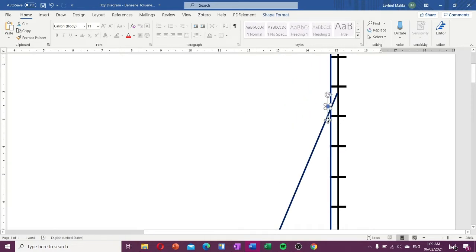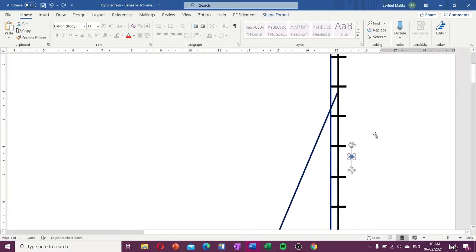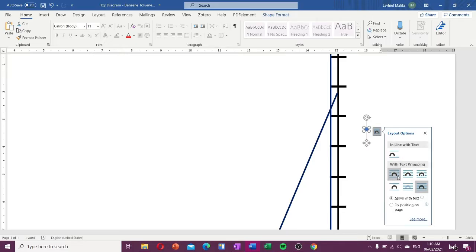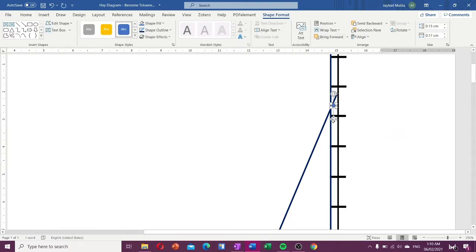This is your delta E min. I think this is located, okay, I need to place it at the front. Yeah, it's already at the front. Bring forward, so that it can be here.